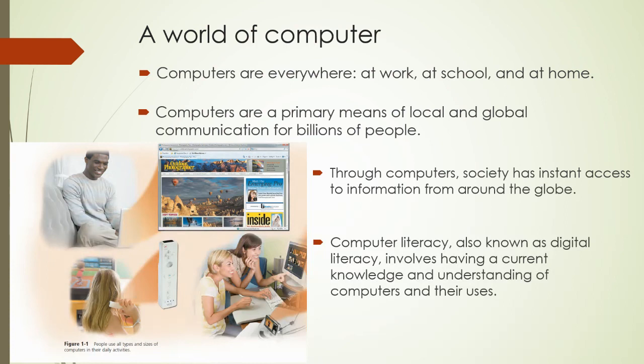We can access weather reports, sports, airline schedules, we can search for telephone directories, maps and directions, job listings, and countless forms of educational material, like the PDFs that we use.